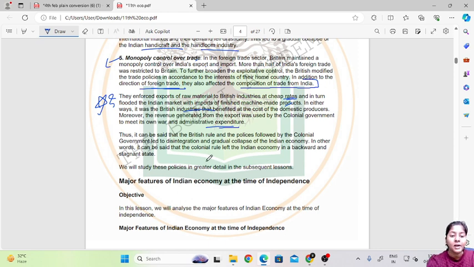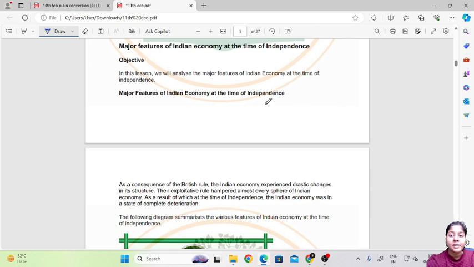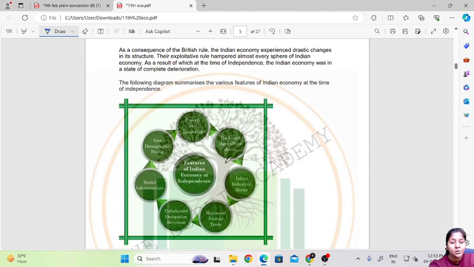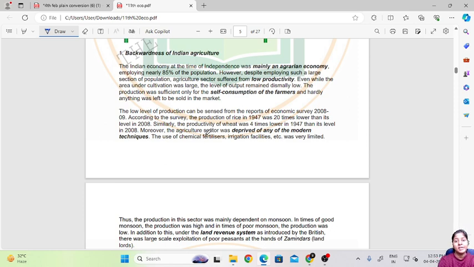The next part is the major features of the Indian economy at the time of independence. Which are the features of the Indian economy? Here are some of the features. First is backwardness of Indian agriculture.